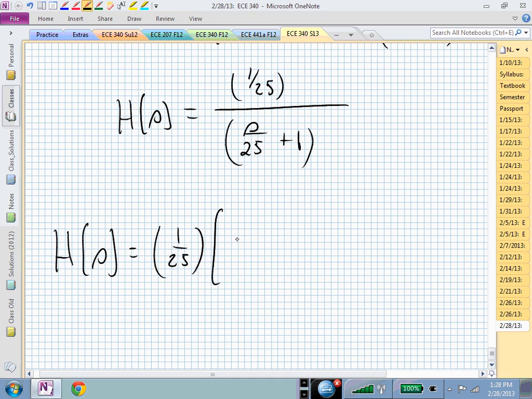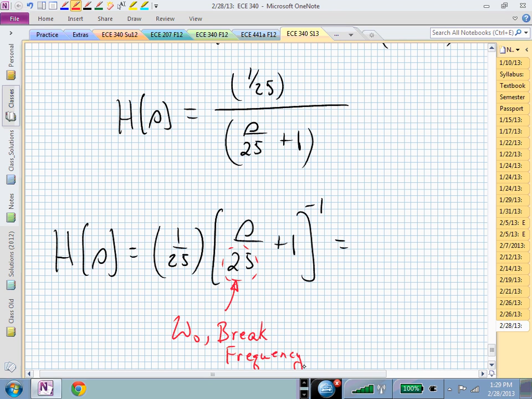If it was a pole factor, I could write it as just 1 over s over 25 plus 1, where this 25, that was the pole, but we're going to probably refer to that as the break frequency.